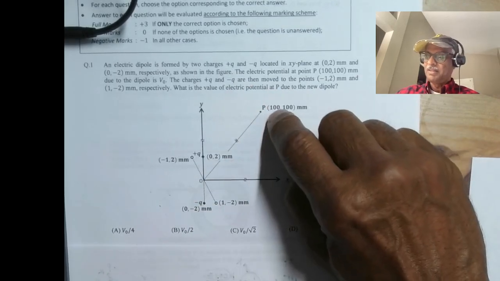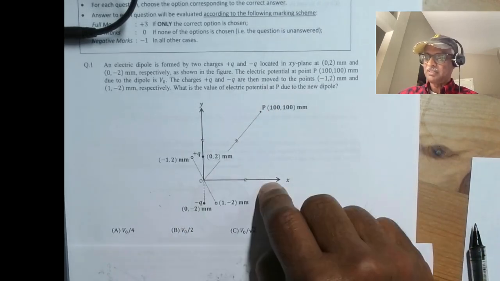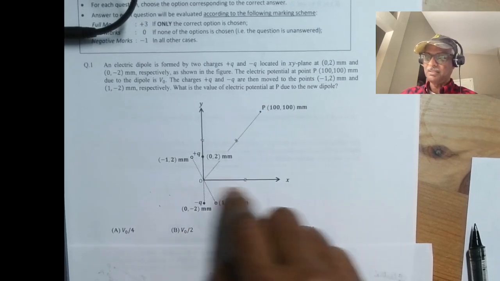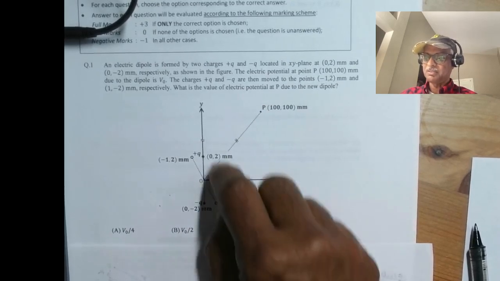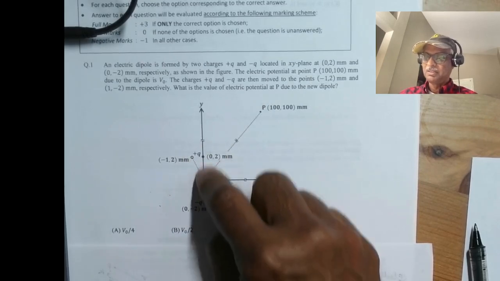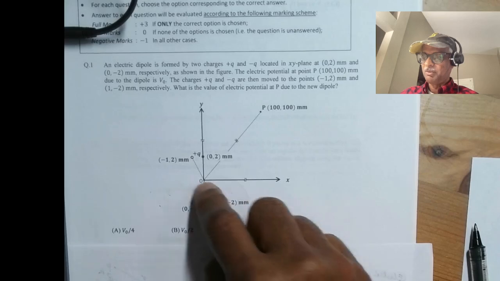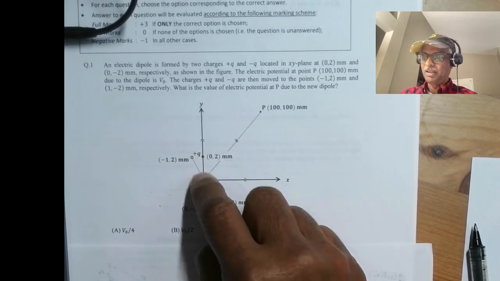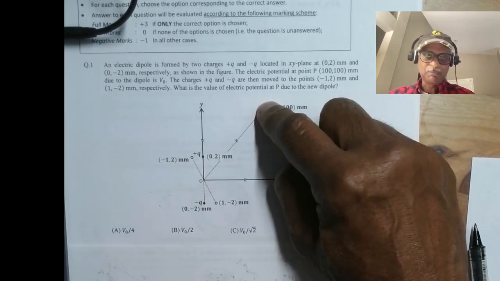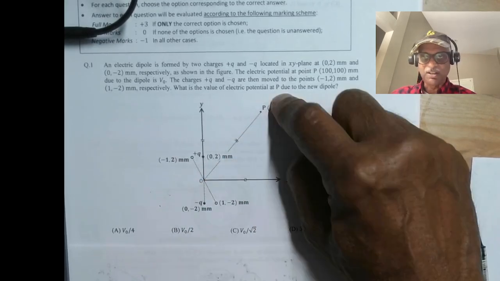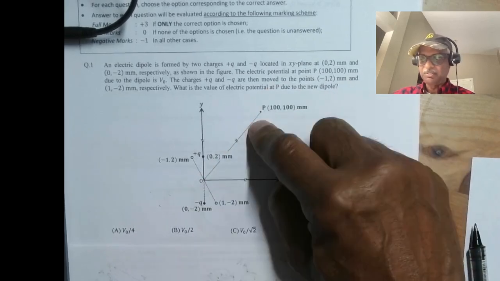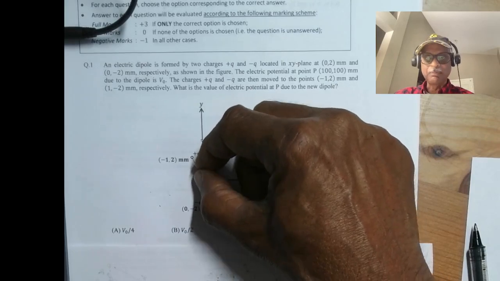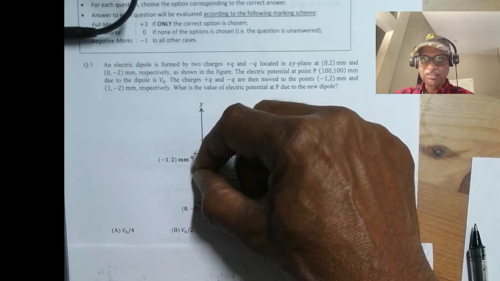And the x distance is 100 millimeter, so the x distance is about 25 times the size of the dipole, and at 25 times, we can just say it's practically infinite, very far away. And so when you look from here, we can use a point dipole formula to answer this question.